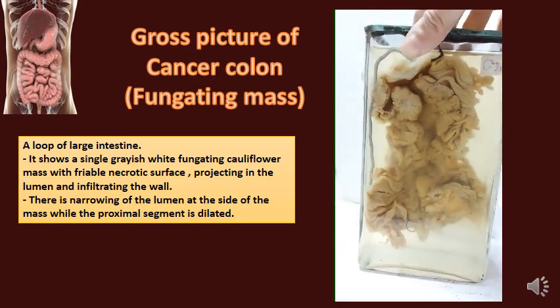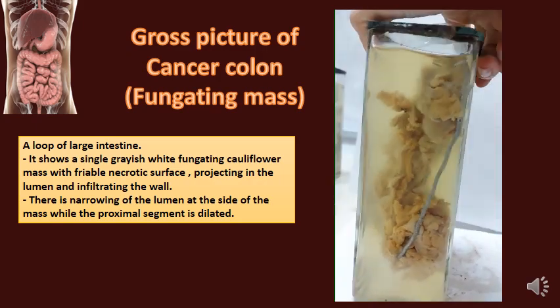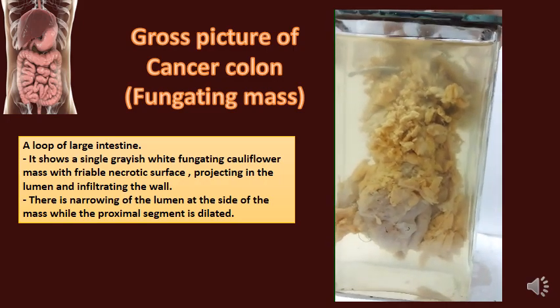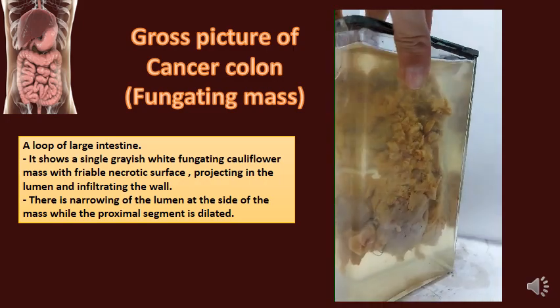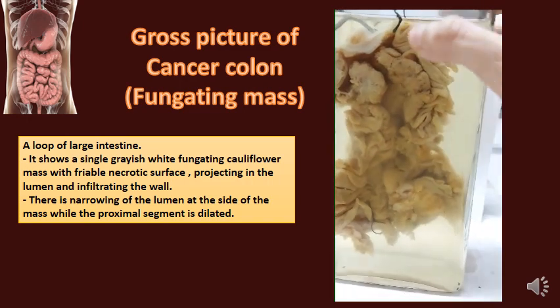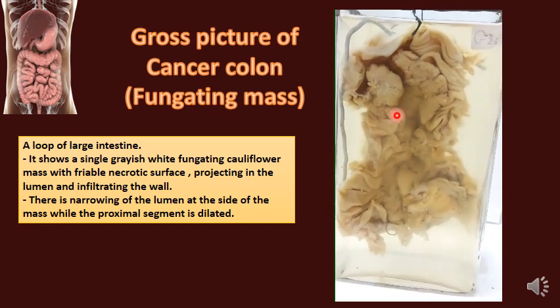As we see, the loop of the large intestine shows narrowing at the area of the mass and it is dilated above the area of the mass. As we see the other surface of the loop of the large intestine, it shows here appendices epiploicae, which are normal for the loop of the large intestine.